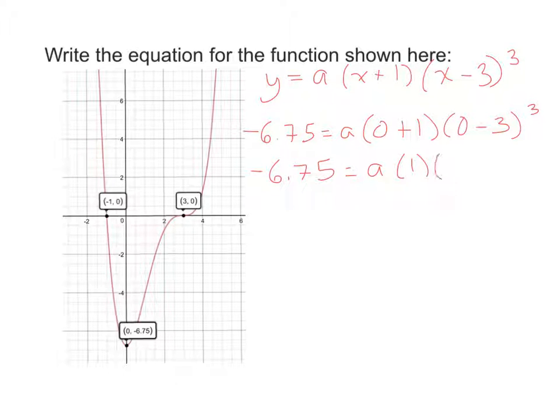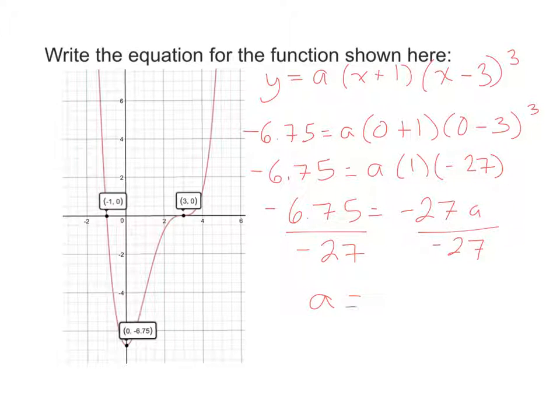So this is 1, and this is -3 cubed, which is equal to -27. So -6.75 equals -27A. Divide by -27.